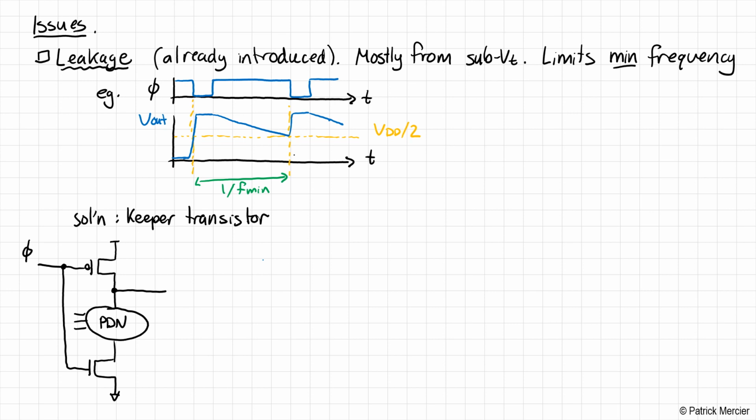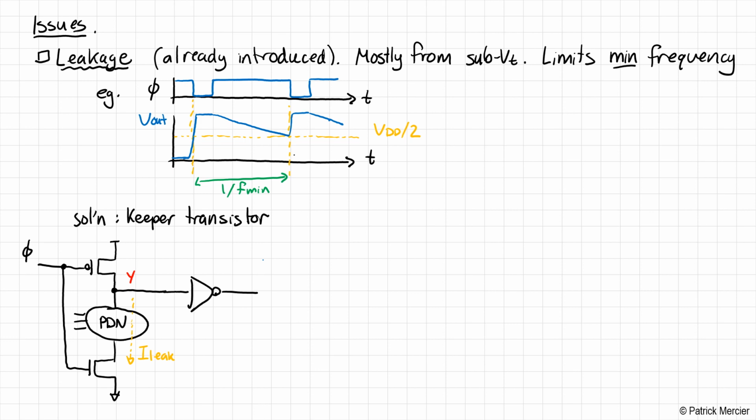The issue with our domino logic is that this dynamic node, let's call this Y here, can fall because of leakage through the pull-down path here. So we leak. We don't like that. Y is supposed to stay high if the pull-down network is not active. The solution is actually very clever.